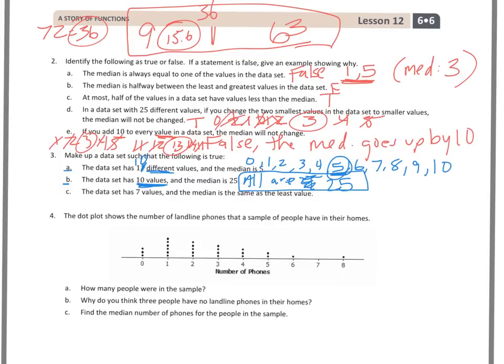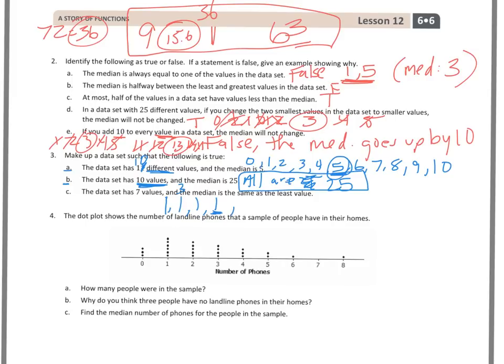Now for C, it says the data set has 7 values and the median is the same as the least value. So again, I don't know. You could put all the same and say, well, the least value and the highest value are the same. But if I have 7, I know the fourth value is going to be my median, because that gives me 3 on each side.